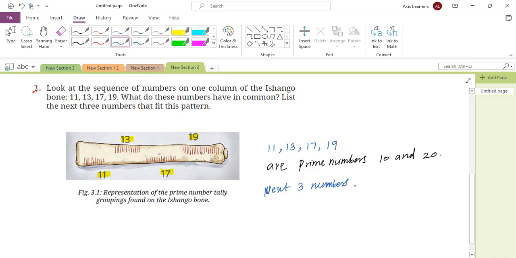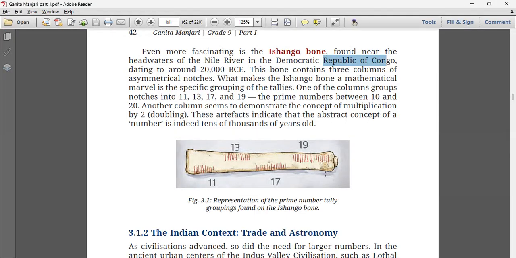We can write 23. Then 24 will not come, 25, 26, 27, 28, 29 will come. 29 is a prime number. 30 is not a prime, but 31 is a prime. So these are the next 3 prime numbers that fit the pattern. Okay, so we completed the second question also. Now we will move on to the third one.